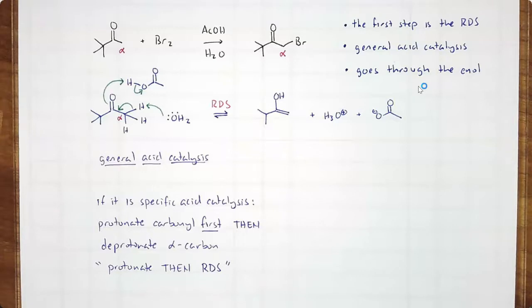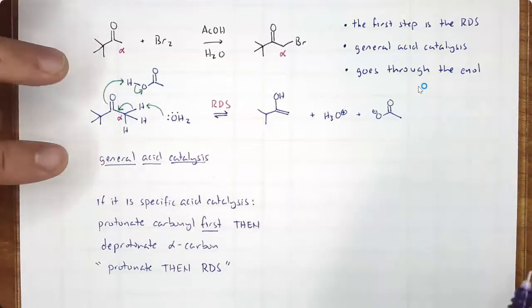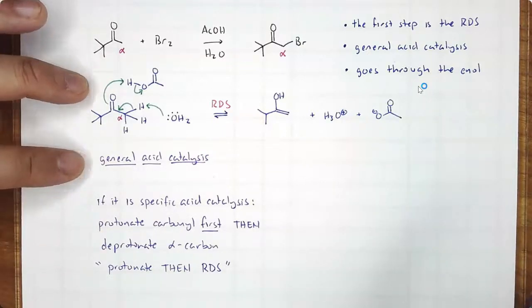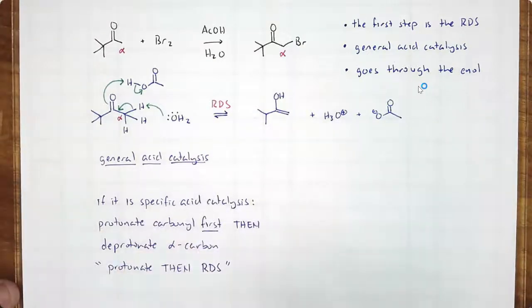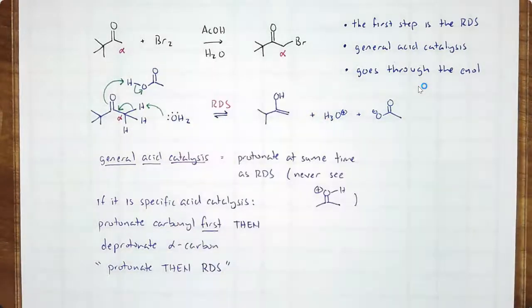If this was specific base, then we would deprotonate first and then have the rate determining step. So it all depends on whether the catalysis is happening in a separate step from the rate determining, or in this case, it happens at the same time. So let me write that down.